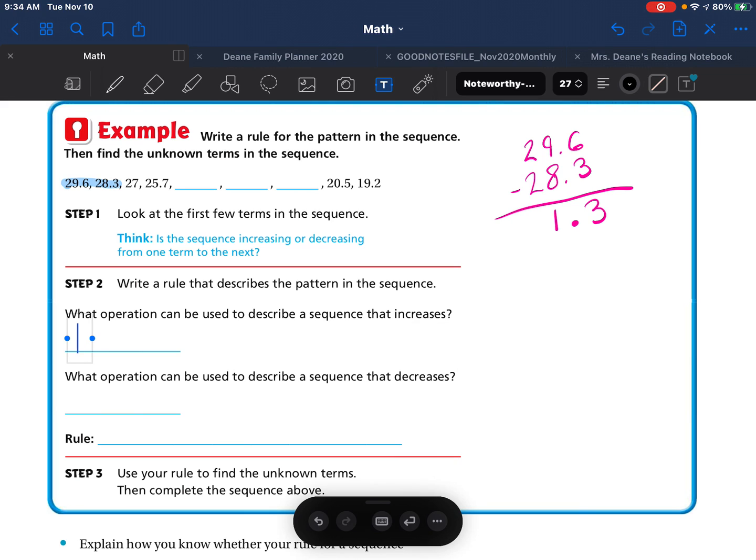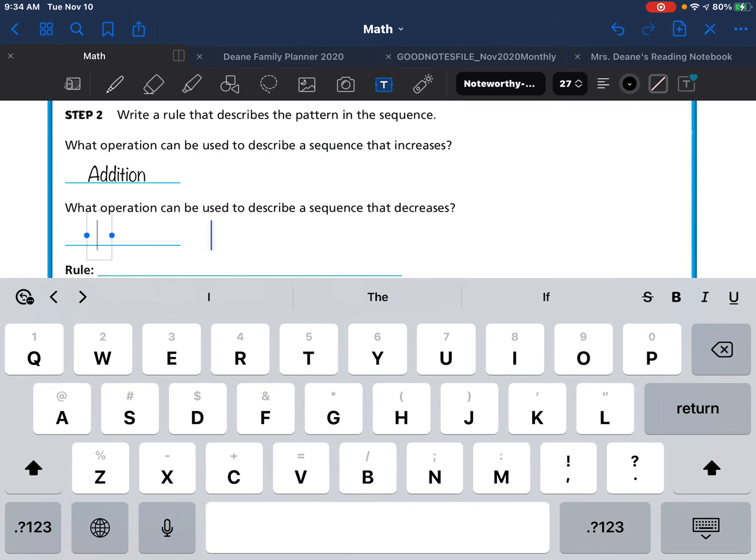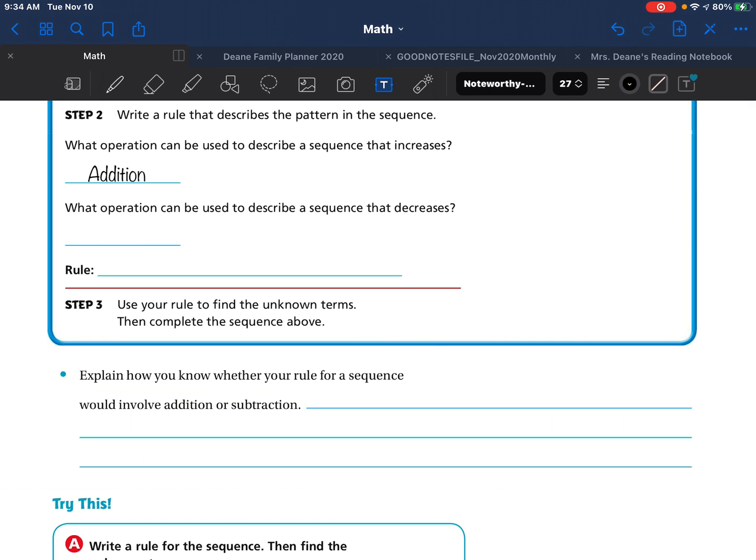If an operation increases, we would be using addition. And if a sequence was decreasing, which in this case it is, we would use subtraction.